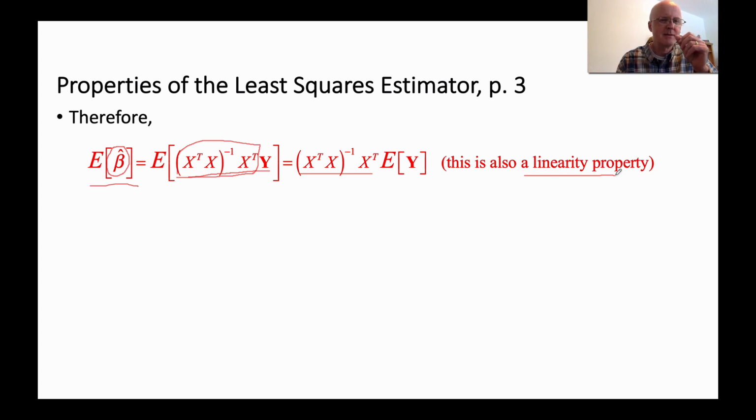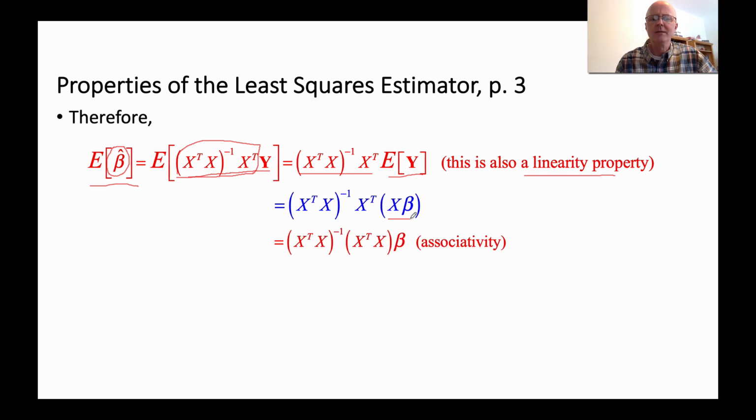You can maybe check it with simple 2-dimensional examples to see how this works. Maybe try particular numbers for the X matrix. And then you can replace the expected value of Y with X times beta. And then you can rearrange a little bit. You can use the associative property to group X transpose with this X, and keep the beta over here.